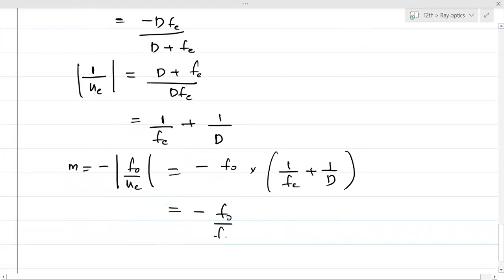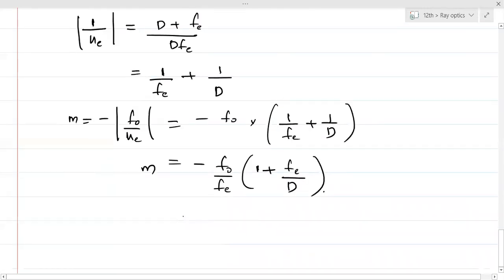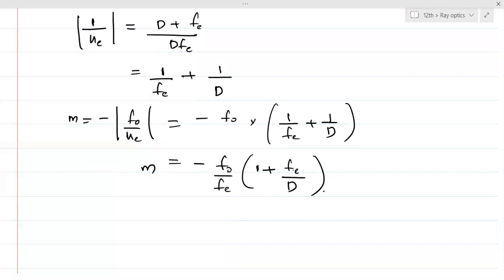Minus F naught by FE into 1 plus FE by D. Got it? So this is the magnification for near point adjustment. If you remember the basic formula, everything else will be easy. Clear? Understood, everyone?